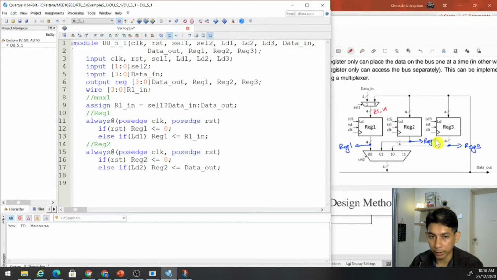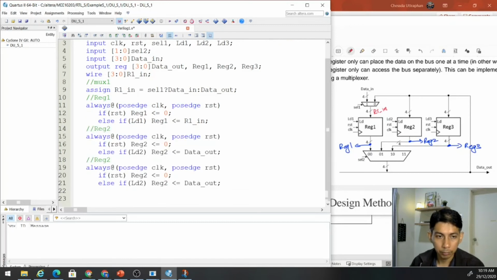And the last register is this, register number 3, using the same clock and the same reset. So reg3 equals 0 if reset. With LD3, reg3 is from the data out as well.